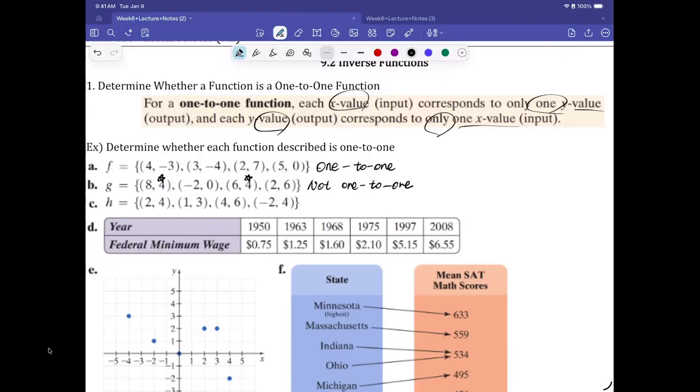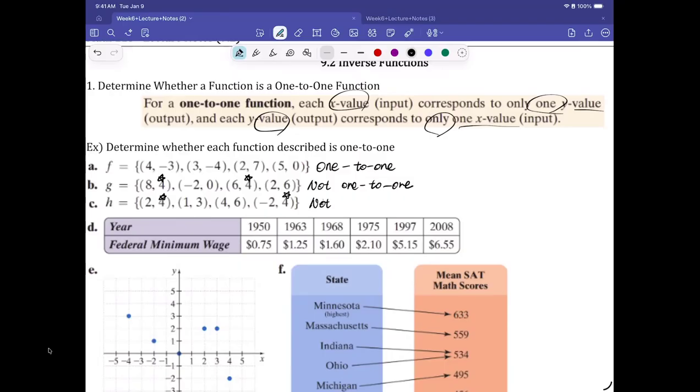Make sense? What about h? 2 comma 4, 1 comma 3, 4 comma 6, and -2 comma 4. Can you see that 4 is repeating?